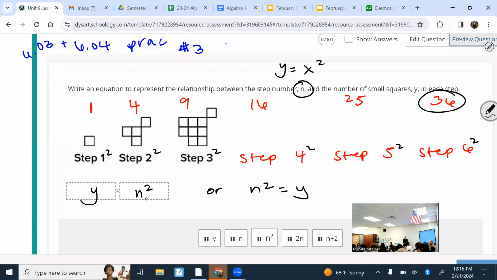Once you figure out the math that's going on, things that are staying constant should be numbers. Things that are changing each time, like the step number, should be a variable. And the number of small squares each time is changing, so that should be a variable too. Make sense now? Okay, other questions from any practice?